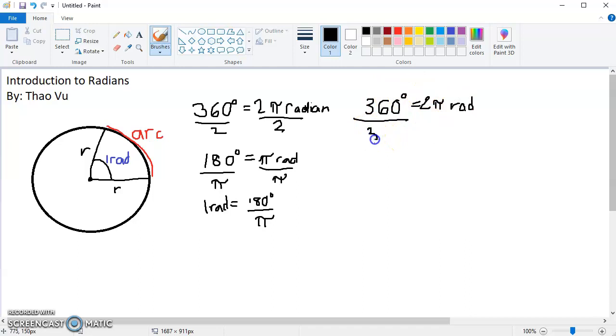Let's divide by 360 degrees, and whatever you do to one side you must do to the other. So that equals 1 degree, and this equation works out to 1 degree equals 1 pi radian over 180 degrees.